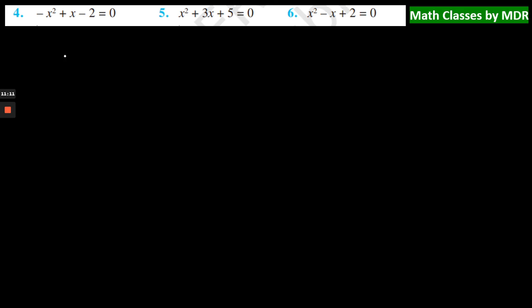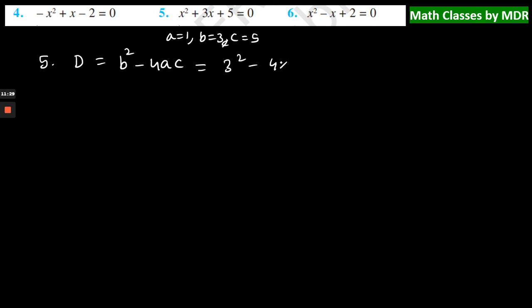Now let us solve the fifth one. Let's see the D. What is D? B squared minus 4ac. A is 1, b is 3, c is 5. So b squared, 3 squared, minus 4 into 1 into 5, that is 20. 9 minus 20 is minus 11.